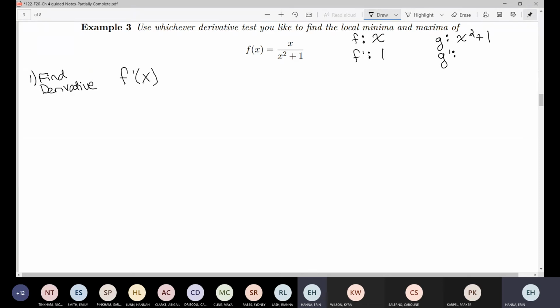The derivative of x squared plus 1 is 2x. I know I'm going to need g squared, but just to save a bit of space, I'm not going to write it in my chart. So we have f prime times g minus f times g prime all over g squared.